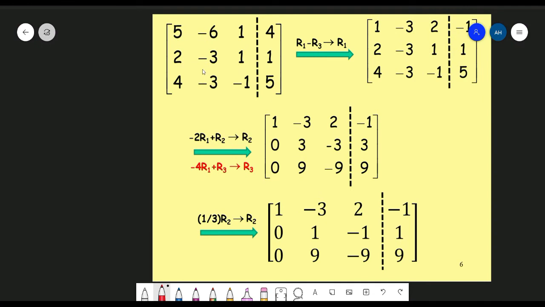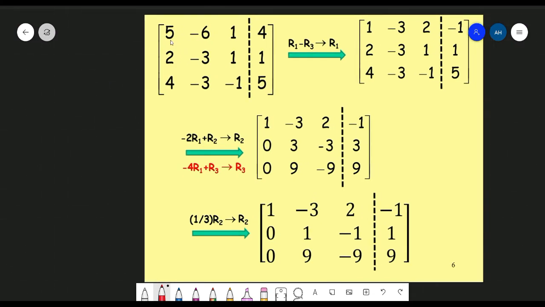You see here, in our first row, we have 5, negative 6, 1, and 4. Unfortunately, we don't have our leading 1 yet. Instead of 1, we have 5 here. We would like to have 1, and we'll be very happy to have 1 over here, not 5. So the question is how to get 1 from 5.